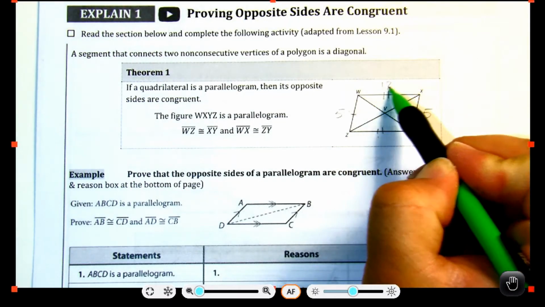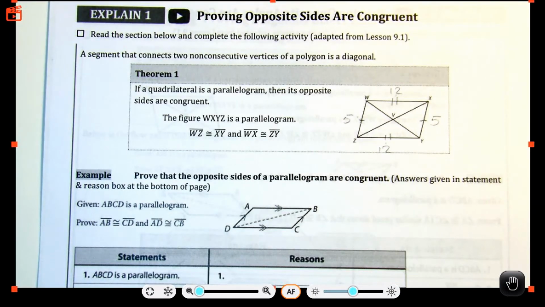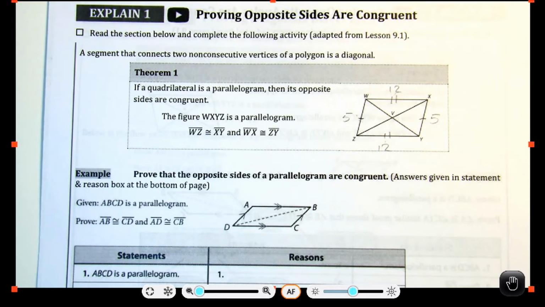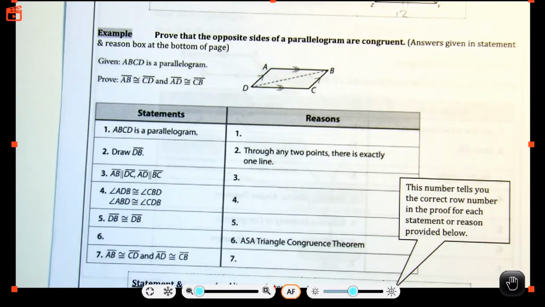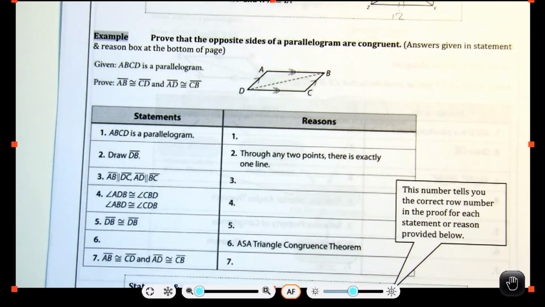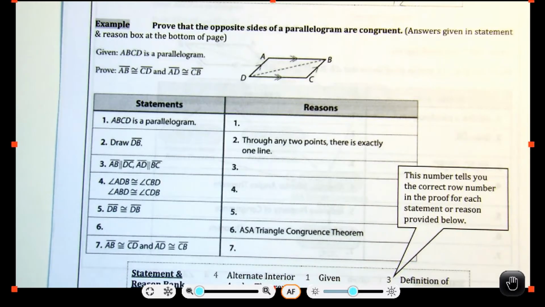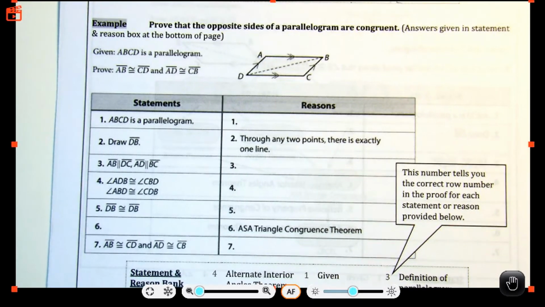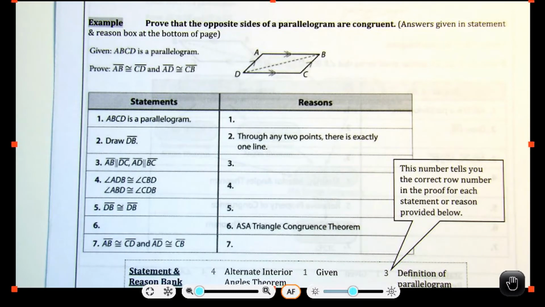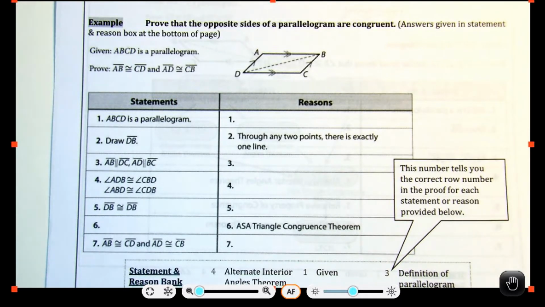That's all we know, that opposite sides are equal to each other. So below we have a proof, and we're going to be skipping this proof just because it relates to what we're going to be doing in this lesson, but not so much. So let's move on to the next theorem.